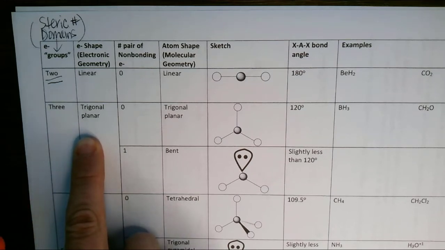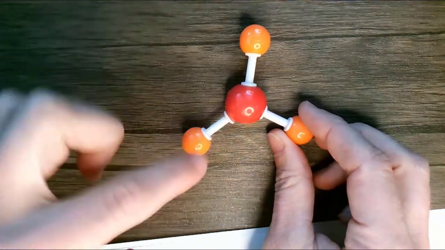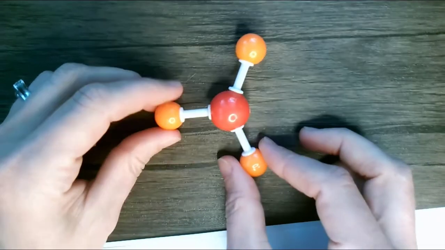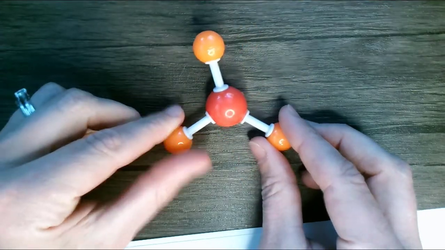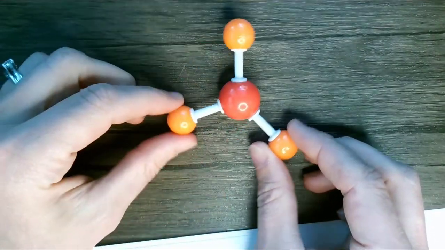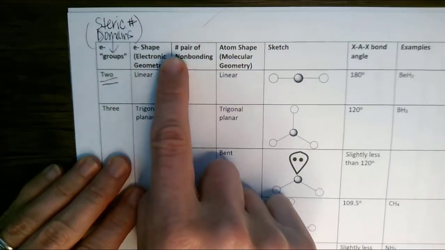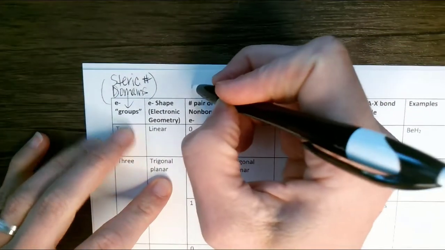In our case that we just looked at, the BF3, it's going to look like this. 1 boron with 3 atoms around it. We can see it as a trigonal planar. It is all in one plane. All of these atoms are in one plane. What does this mean? The number of non-bonding electrons. This is how many lone pairs.